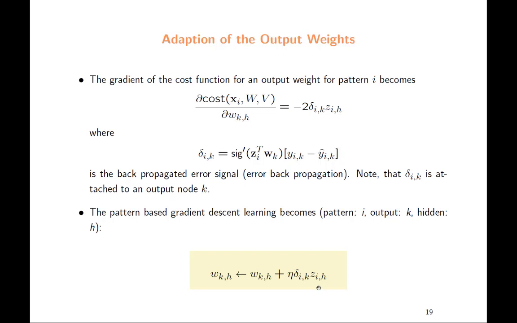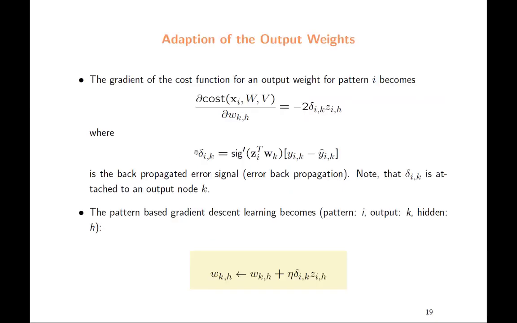So this looks similar to adaptation in the linear perceptron or the perceptron, and it will continue to look like that, only that essentially this delta becomes more complex, the backpropagated error signal.